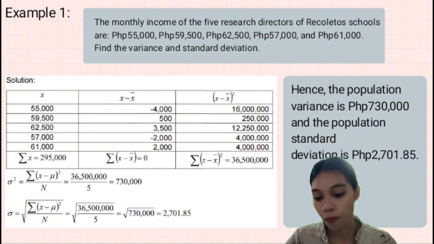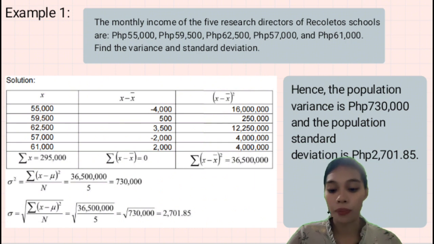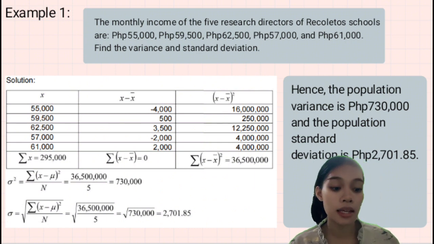Now that we have all our values set, we will compute the population variance and the population standard deviation. As you can see, I have placed the formulas in the slide. We will use the first formula for the population variance.